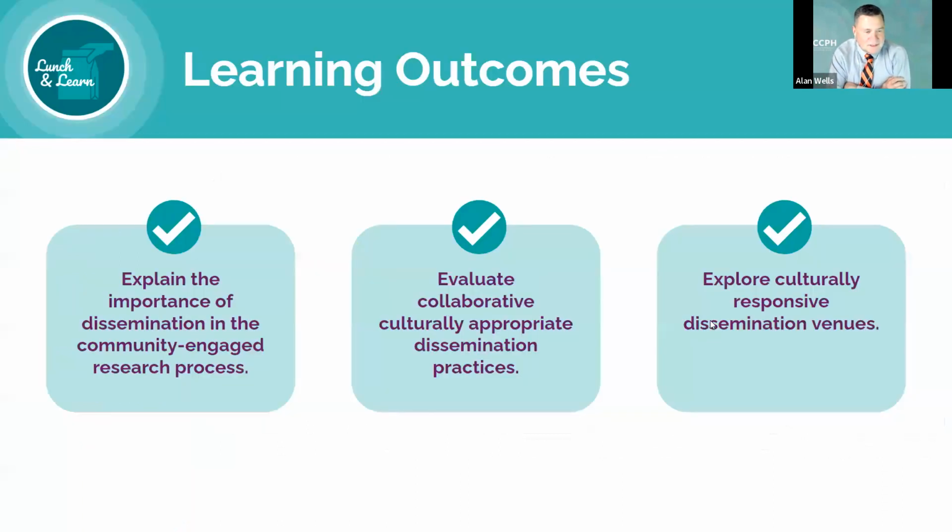Our learning outcomes are to explain the importance of dissemination in the community-engaged research process. By dissemination, we mean the distribution of research materials and ideas to the people that need it. We will talk about how to evaluate collaborative, culturally appropriate dissemination practices, the sharing of ideas in ways that are understandable and appropriately tailored to the community that you want to message.